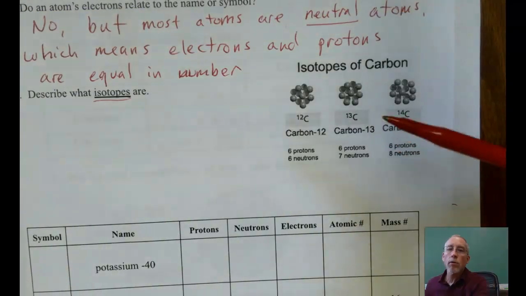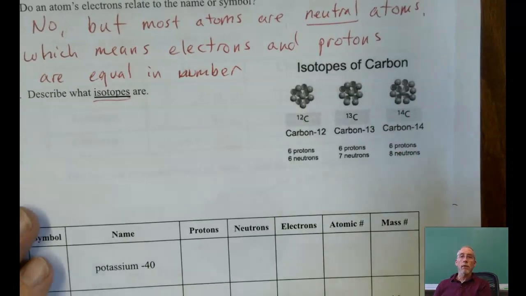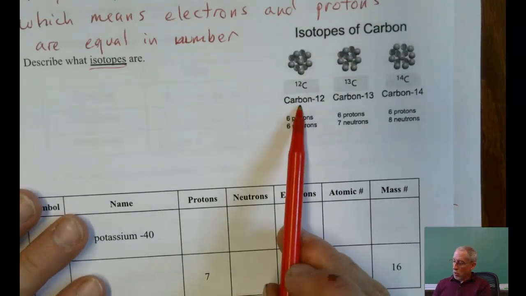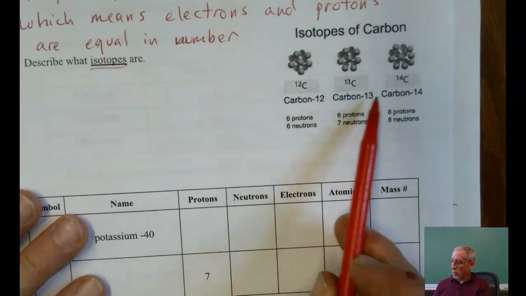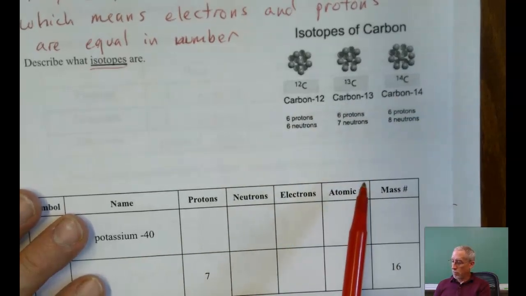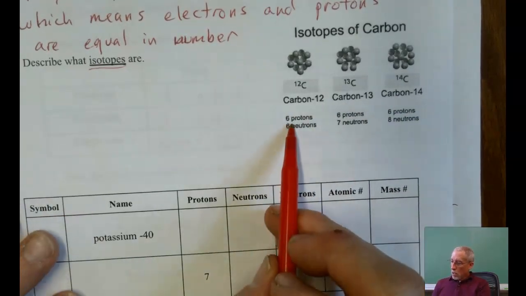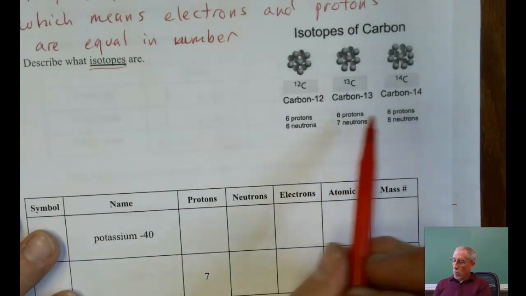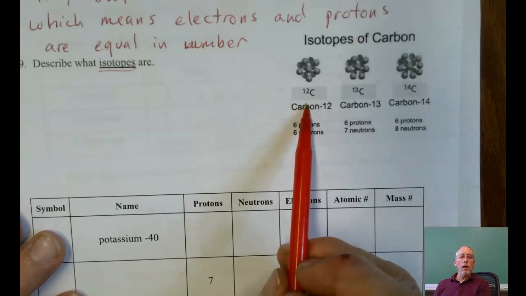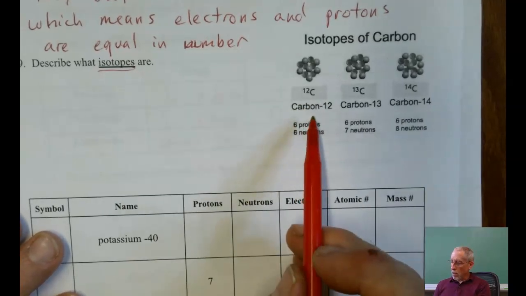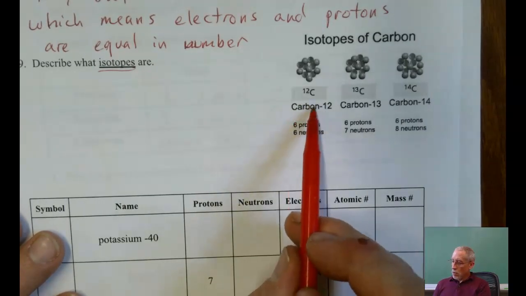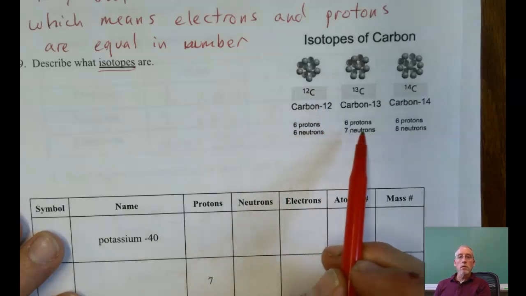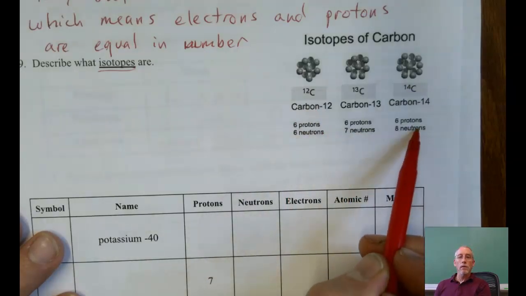But there are 3 common types of carbon atoms. They're called carbon-12, carbon-13, and carbon-14. All right. There are 6 protons in each of them, but the reason they're called by different names is because some have 6 neutrons, some have 7, and some have 8.